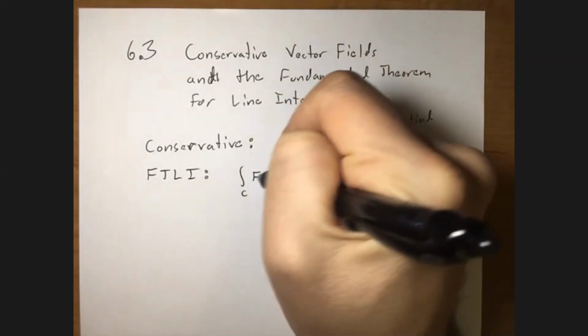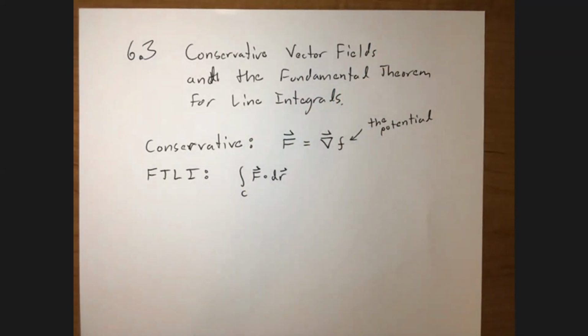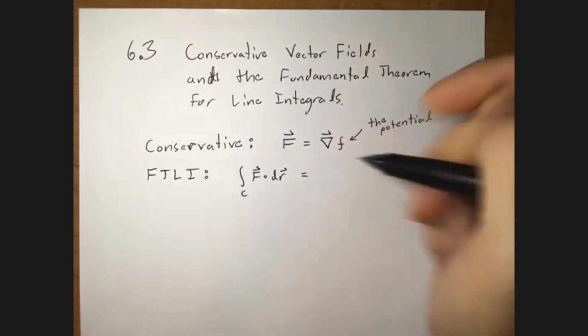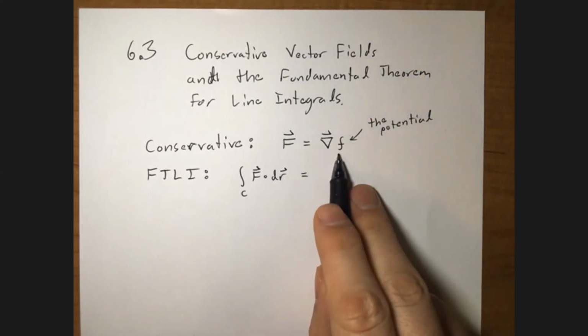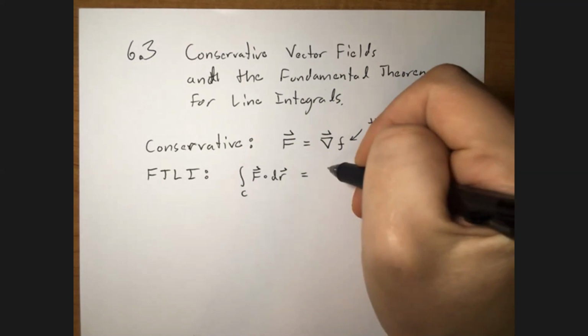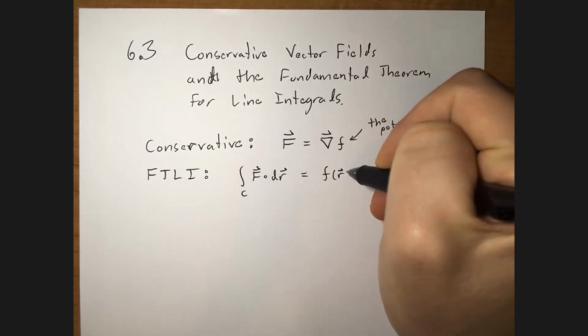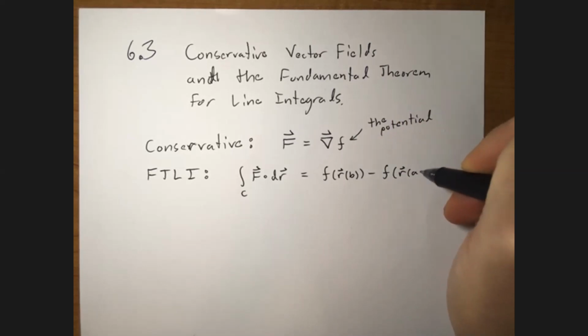So if I wanted to do the line integral of f dot dr, this is just the value of its potential at the endpoints of the curve r. It's just the difference of those values. So I'm going to take f of r of b and subtract f of r of a.